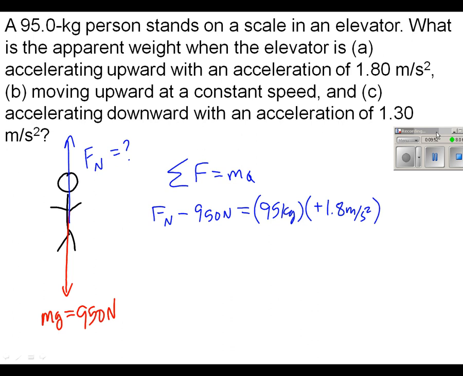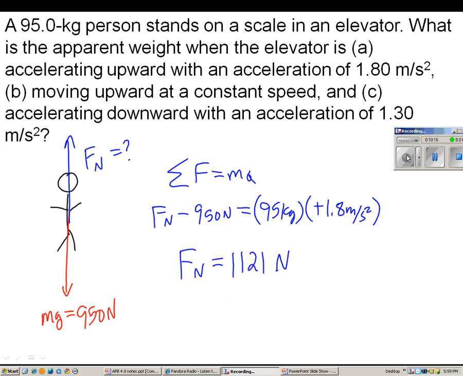Part B, we're going to plug in 0 because it's a constant speed. Our acceleration is 0. And in part C, instead of 1.8, we plug in an acceleration of negative 1.3. So this setup is identical in all three cases, and it's identical in all your elevator problems. So let's go ahead and calculate F sub n. Our answer for that one is 1,121 newtons.